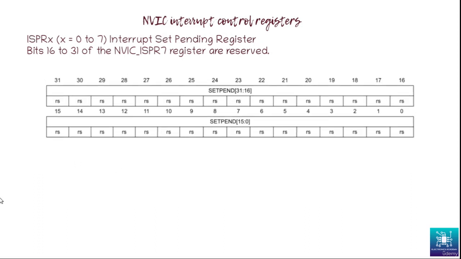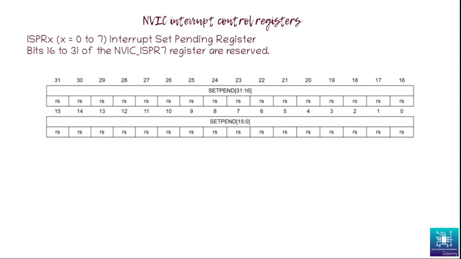Now this is again the interrupt set pending register. We saw a similar register in SCB as well, but that register had a lot of functionalities in that single register. But in this case, this register is only responsible for setting the pending state for a register through software.